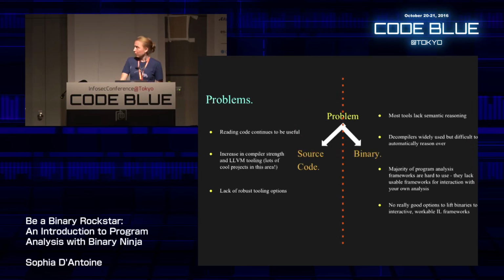So going back to our problem, we have a program that we want to analyze for vulnerabilities. What's the state for source code? So obviously we're going to continue reading the code. This is useful. But a really strong player in the tool department for source code review is LLVM. And for those of you who haven't heard of that, LLVM stands for low level, I believe, virtual machine or something like that.